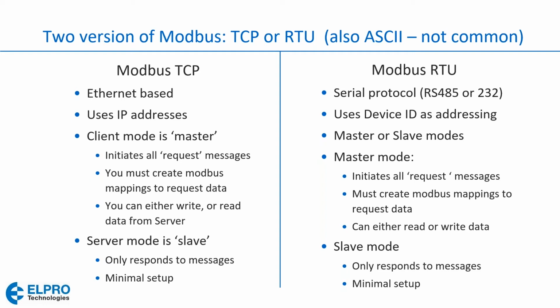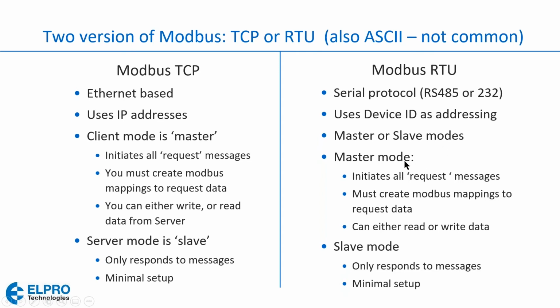For addressing, Modbus RTU uses a device ID, and the master device and all slaves must have a unique device ID. There is only one master on every network, and there can be up to 32 slave devices. I should say slave nodes, not modes, nodes.